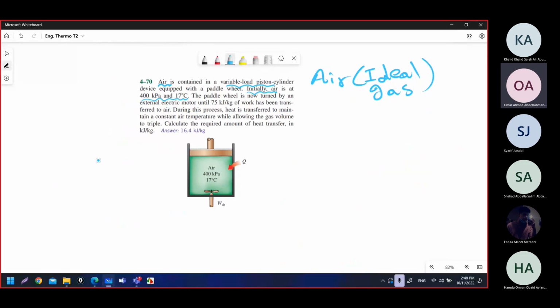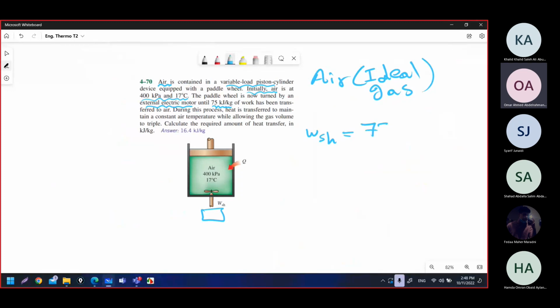The paddle wheel is now turned by an external electric motor. So there is a motor that turns this paddle wheel, and then there will be a shaft work until 75 kilojoule per kilogram of work has been transferred to air. So I have w shaft, and it is kilojoule per kilogram, so it is small w, it is specific.